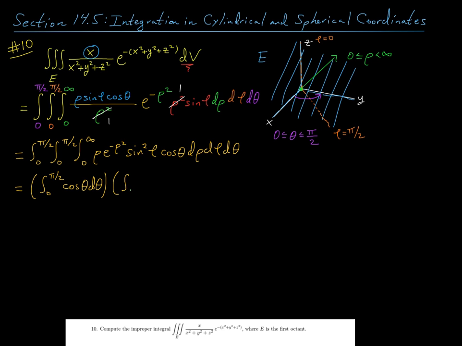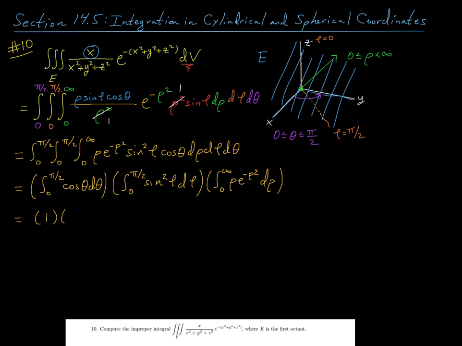Then we're going to have the integral from 0 to pi over 2 of sine squared phi d phi. And then lastly, the integral from 0 to infinity of rho e to the minus rho squared d rho. Okay, so this first integral, well, integral of cosine is just going to give us a sine. If I evaluate that at pi over 2, I get a 1. Evaluate it at 0, I get a 0, so I'm just going to get a 1 from that first integral.